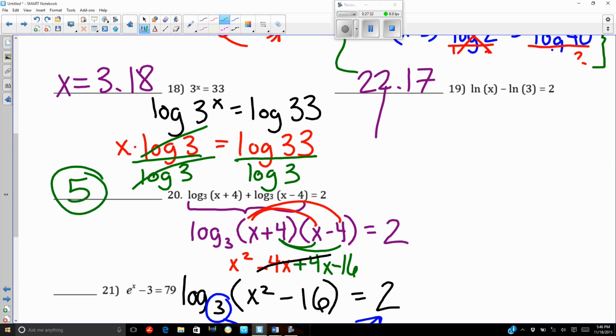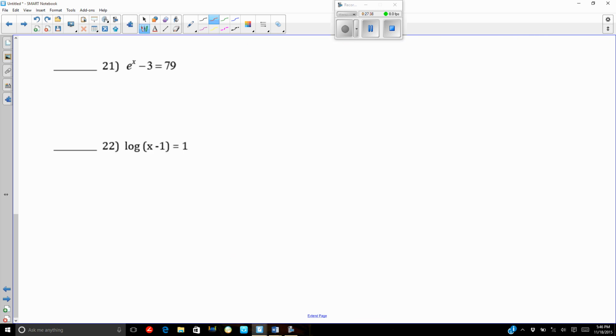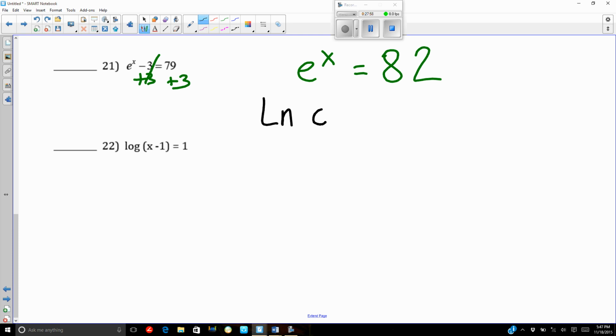21, we looked at a problem like this yesterday, or at least there was one on your quiz like this. You should have added 3 to both sides first on this problem. So that leaves us with e to the x power equals 82. So it's in exponential function form because e is a number. So that means we want to put it in logarithm form. So the only difference between this problem and other problems we've done like this is instead of taking the log of both sides, we're just going to take the natural log of both sides.